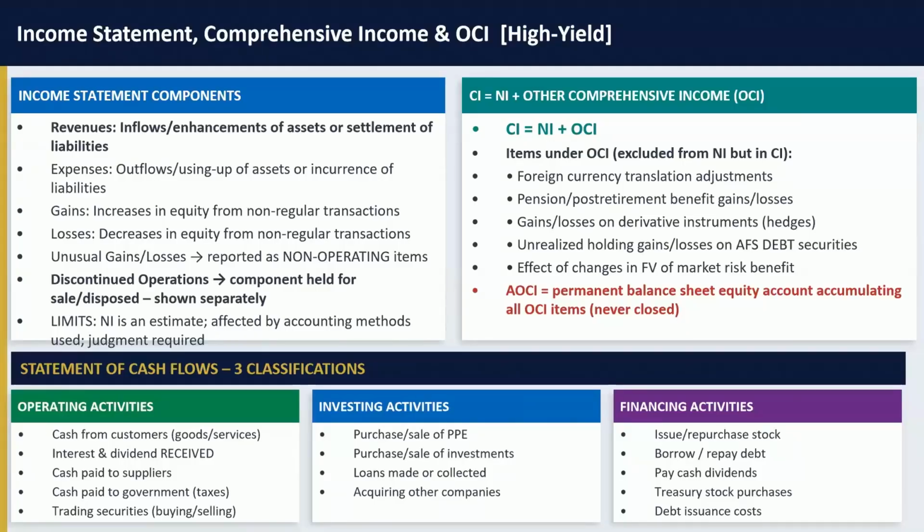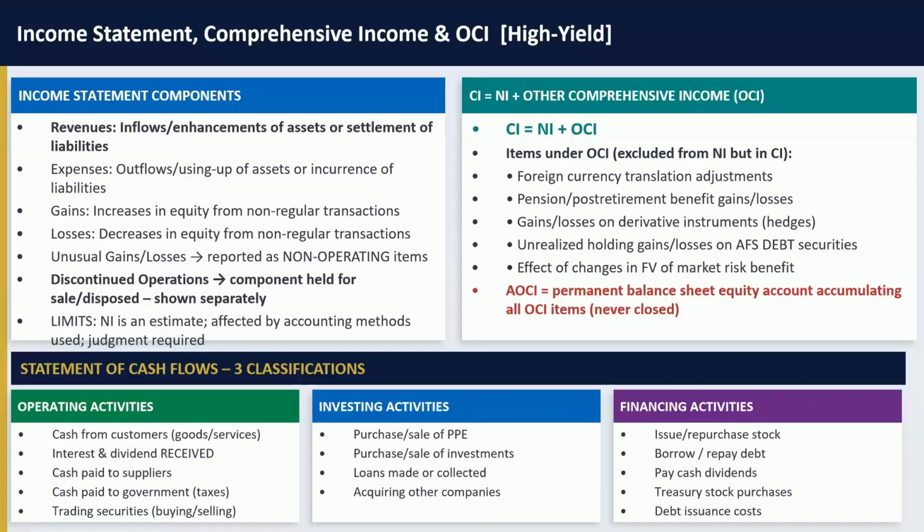Foreign currency translation adjustments. One thing you need to remember is, if you see foreign currency remeasurement gains or losses, remeasurements will be going into the income statement. And the translation adjustments that take place will be in your other comprehensive income. Remeasurement goes to the income statement.